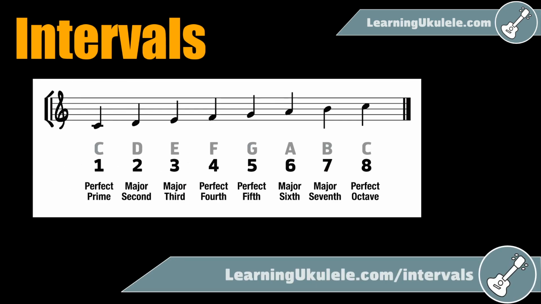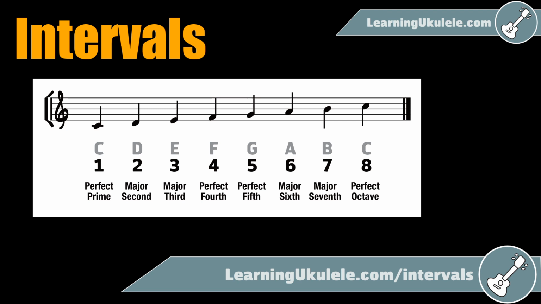Now we can take a C major scale as an example, which is a very easy major key to learn, as it's just the 7 natural letters of the musical alphabet from C to C. If we number them 1, 2, 3, 4, 5, 6, 7, 8, and it goes on up to 13 if we're dealing with chords beyond triads, the number is the distance. So the distance from C to D is a second, C to E is a third, C to F is a fourth, G fifth, sixth, and so on.